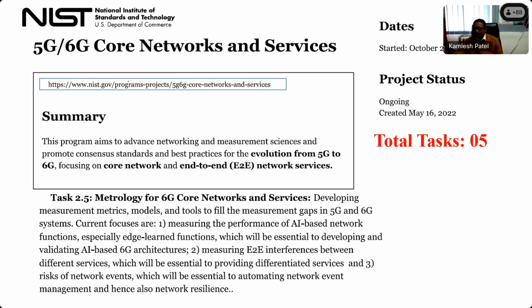One of the important tasks was to develop the metrology for the 6G core networks and services, developing measurement methods, models, and tools to fill the measurement gaps in 5G and 6G schemes. They have a focused objective, measuring AI-based 6G and E2E, end-to-end network services. That was their aim, and it is still ongoing since it started in 2022.